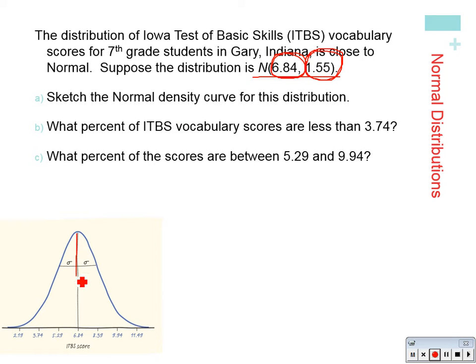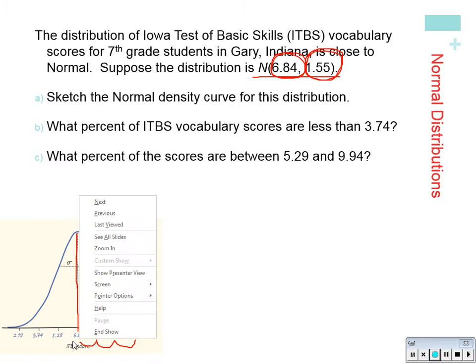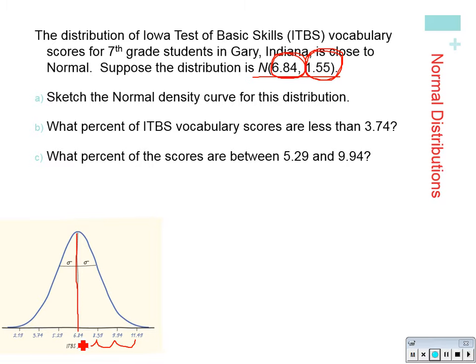I got 6.84 down the middle, and then I'm just adding 1.55 to each one of these data values here, here, and here. And going to the left, I'm going to start with the 6.84 and keep subtracting 1.55, and that's where those data values come from. So that's the density curve for this particular distribution.